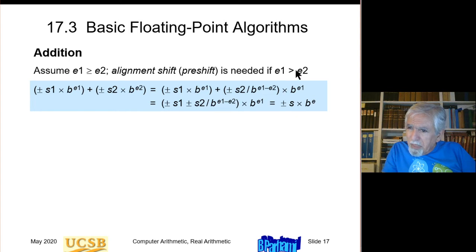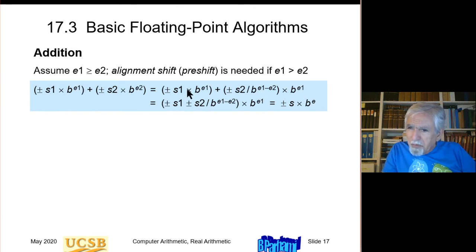So if the difference between E1 and E2 is 1 bit, you pre-shift this number with the smaller exponent by 1 bit to the right, basically dividing it by a power of b, and then making its exponent equal to the larger exponent E1.